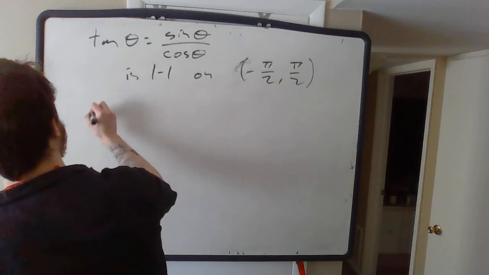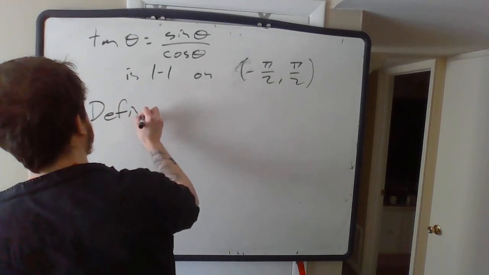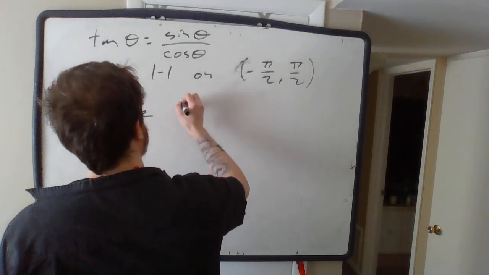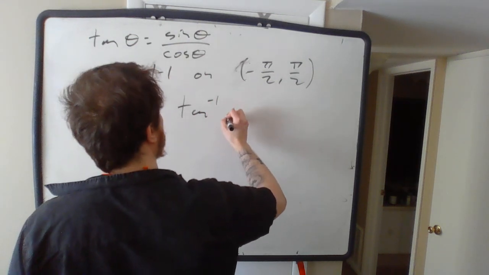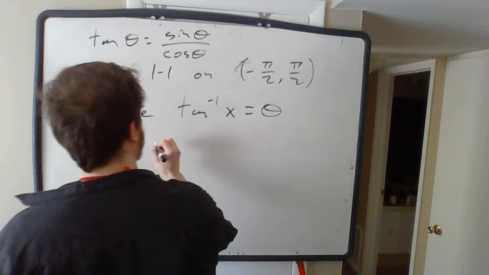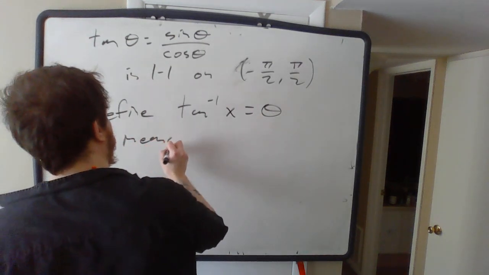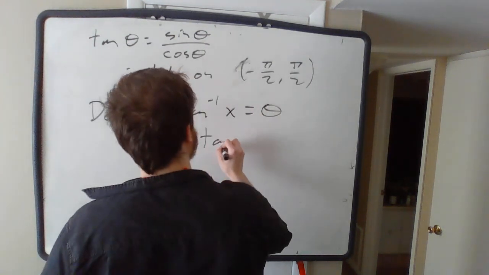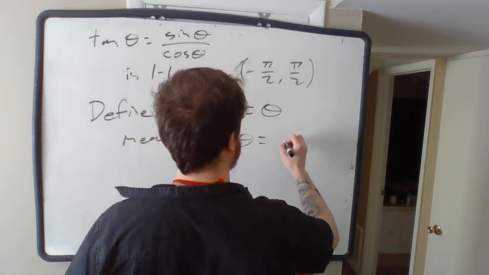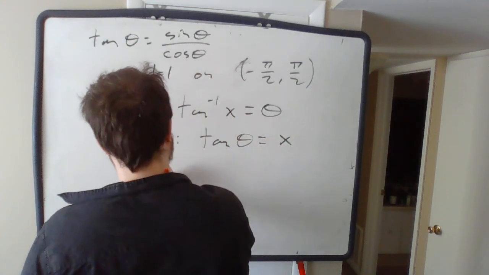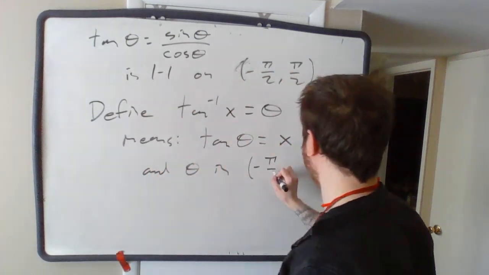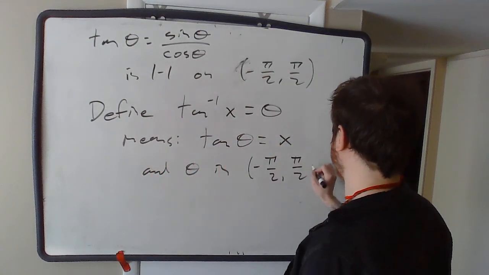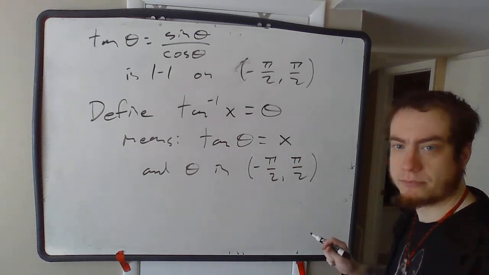So we will define the inverse tangent of x to be equal to theta. This means that the tangent of theta is equal to x, and theta is in the interval from minus pi over 2 to positive pi over 2.